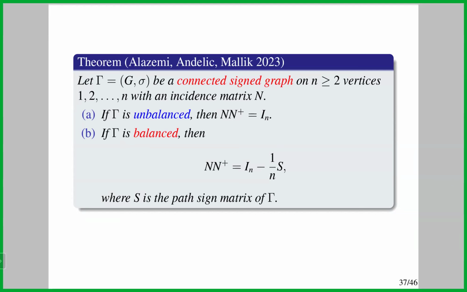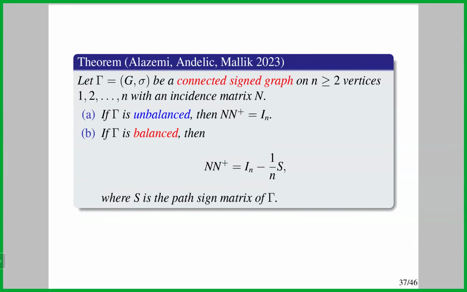And the second case is if the graph is a balanced sign graph, then N times N plus is going to be the identity minus 1 over n times the path sign matrix I just defined. And the proof would be similar, but here we are using the concept of balance.